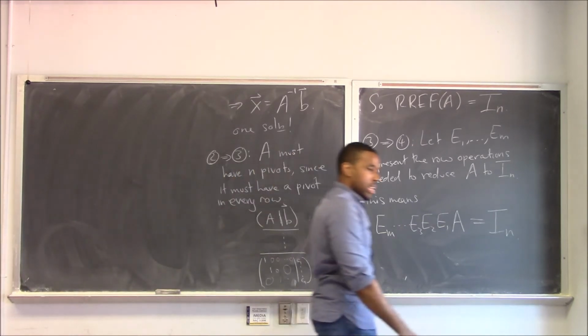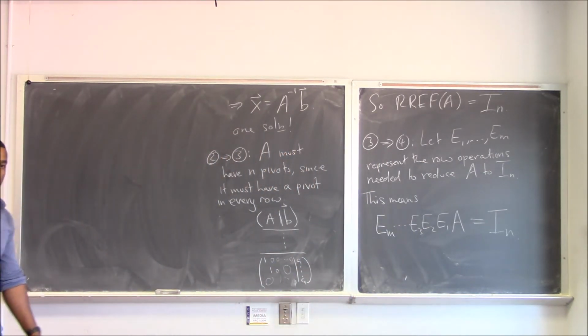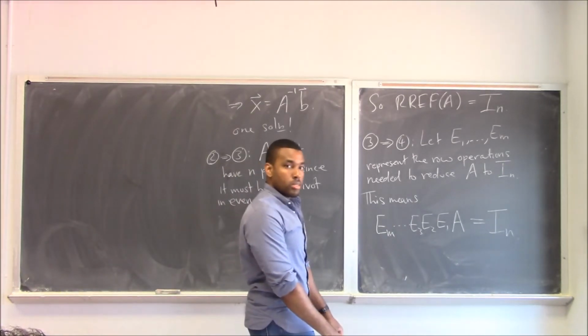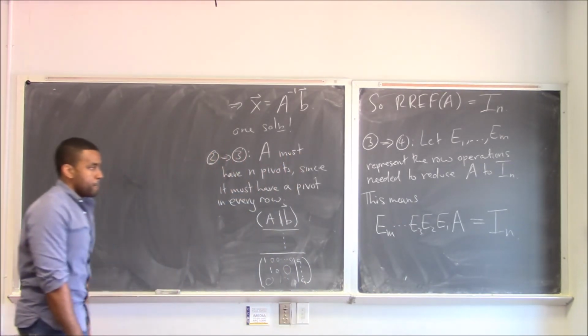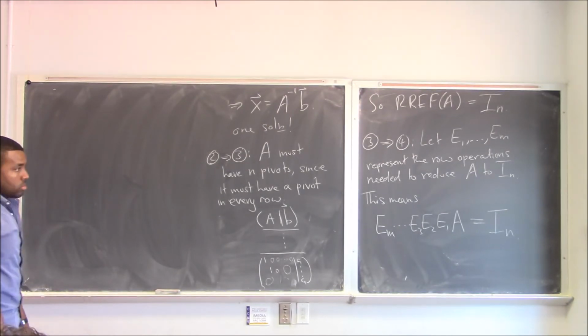Now how can I say that A is a product of elementary matrices? I want to be able to say A equals a multiplication of elementary matrices. Well, since we defined that the reduced row echelon form is an identity matrix, then those are equivalent.